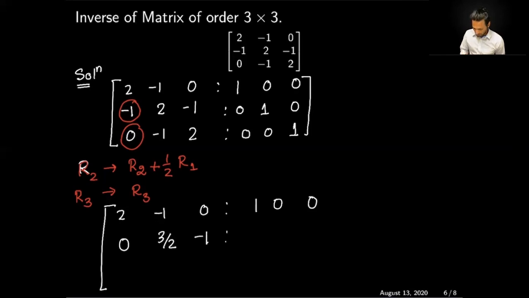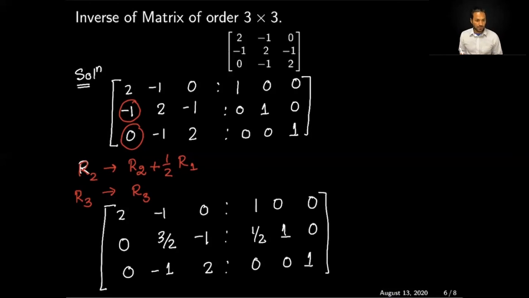This will become 1/2, 1 and 0. There is no operation on R3, so it will be basically the same. After applying the R2 operation, this will be the new augmented matrix.